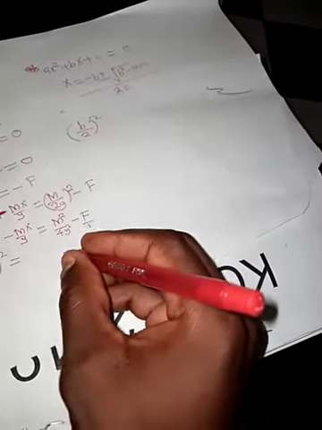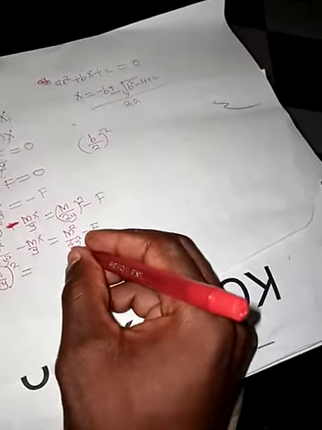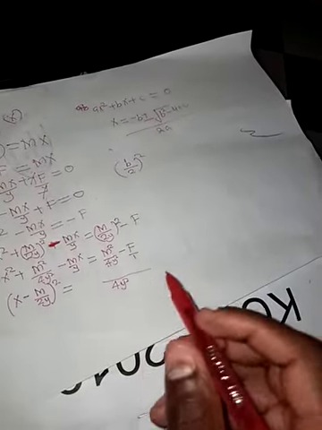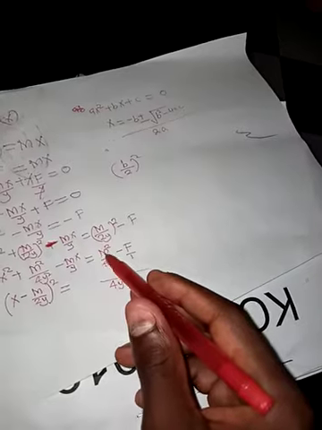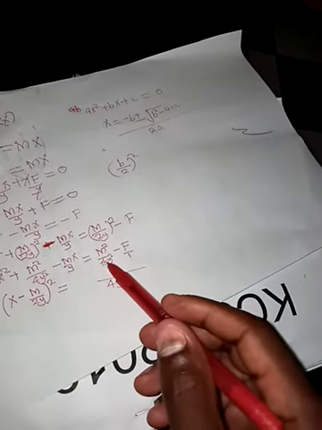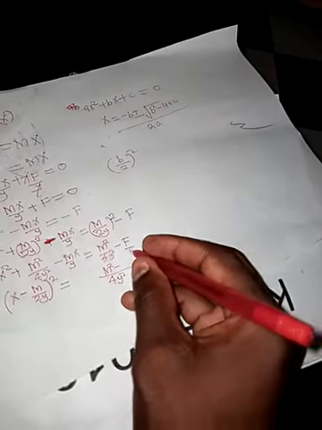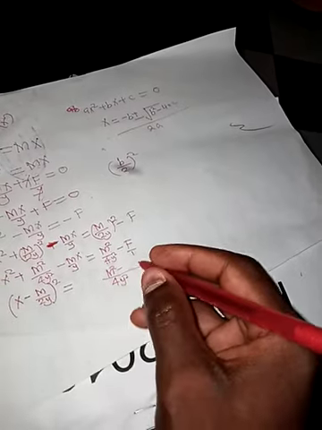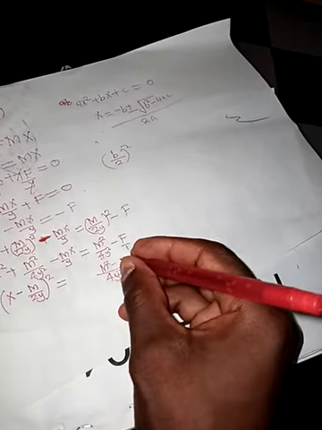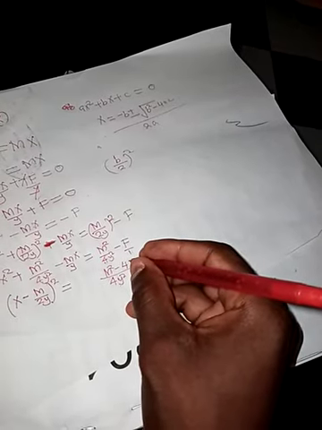So here the LCM will be 4y squared. 4y squared goes here 1 times 1 times m squared is m squared, minus this one, 4y squared times this one will give 4fy squared.